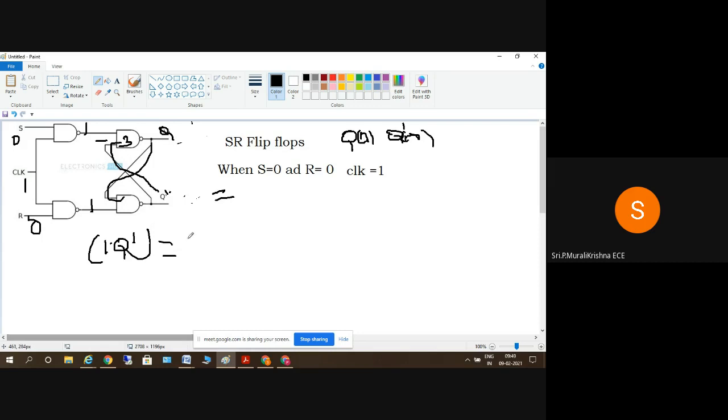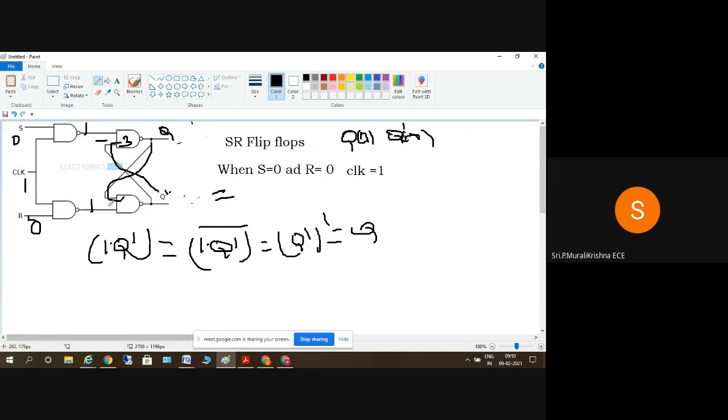The AND gate gives 1 into Q bar, whereas a NAND gate is an inversion of the AND gate, so 1 into Q bar whole bar. 1 into Q bar is Q bar here, so Q bar whole bar is equal to Q. That will be the output of this third NAND gate. Clear?